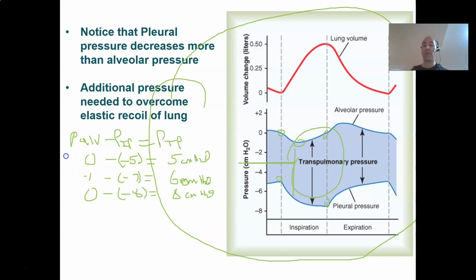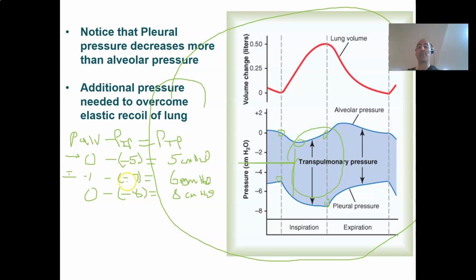There's no airflow here. No airflow here. Alveolar pressure is 0. You have pleural pressure, which is negative, and transpulmonary is positive. You have inspiration here, alveolar pressure is negative.